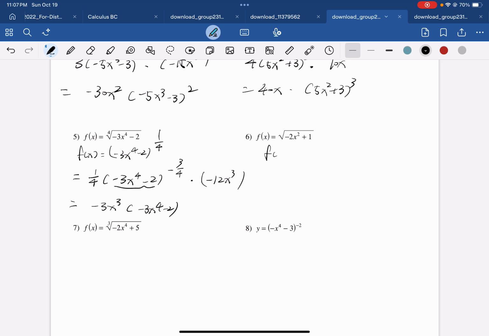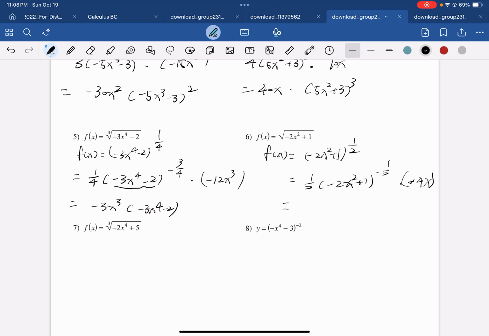Next one, f of x equals (negative 2x squared plus 1) raised to a half. So we got a half of the function, which is (negative 2x squared plus 1), raised to negative a half, and times negative 4x.